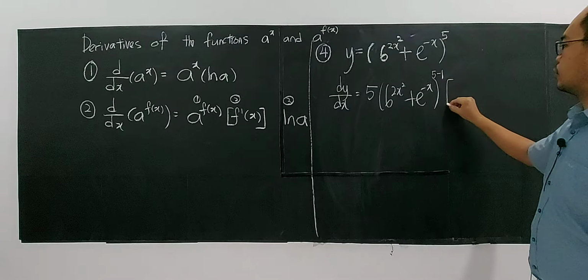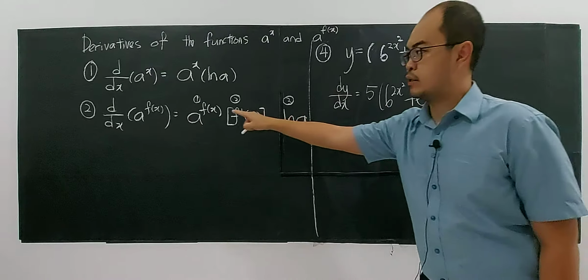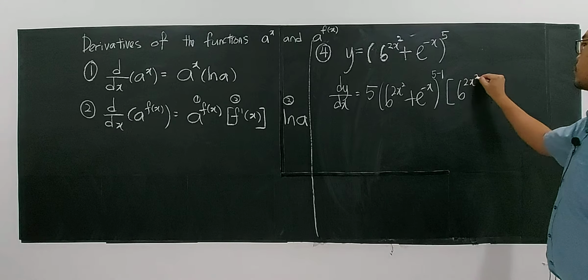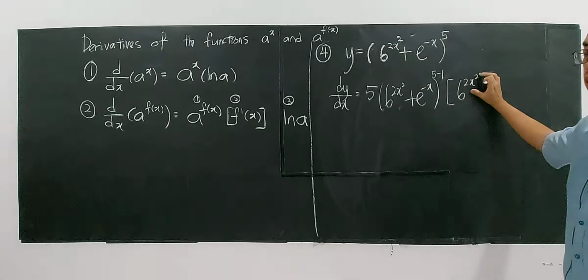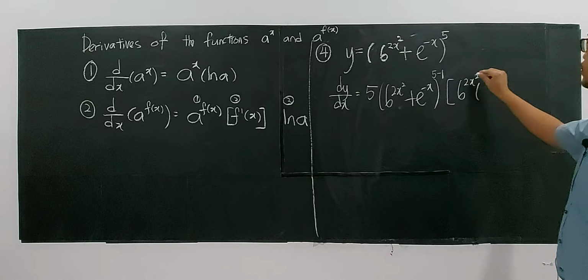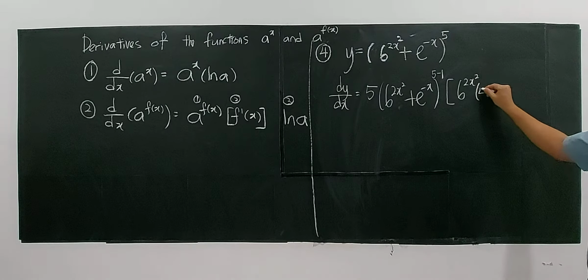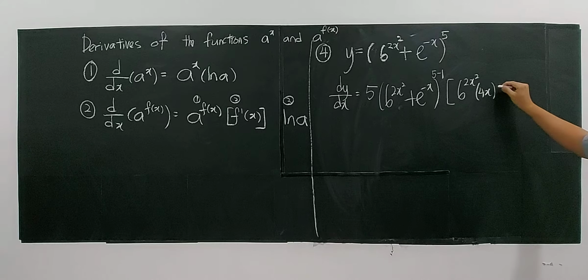Be careful for this one. You have to apply the correct formula. Copy back 2 to the power of 2x, and differentiate the power. Following this formula, you will have 2 to 4x, and don't forget to put ln 6.